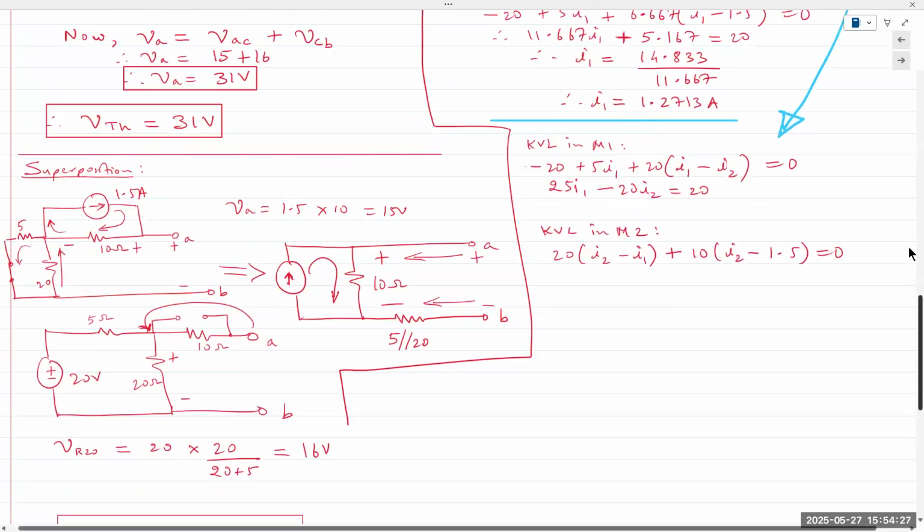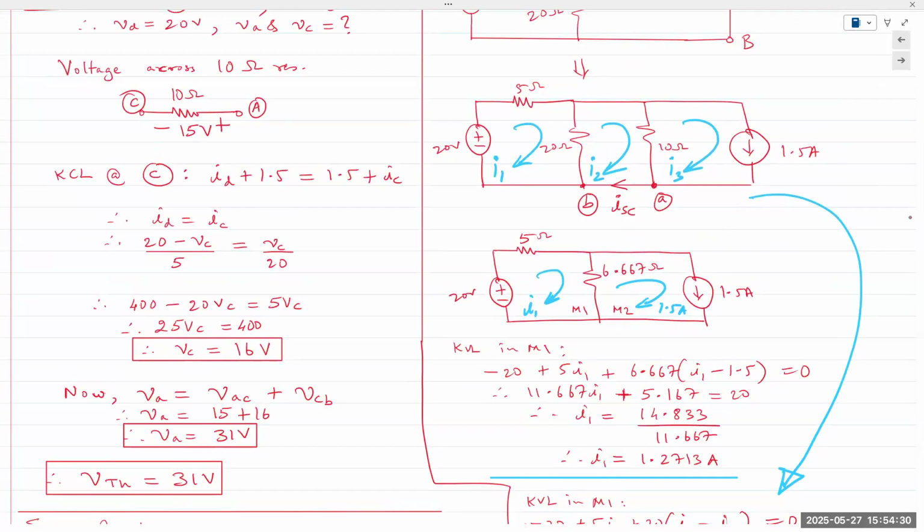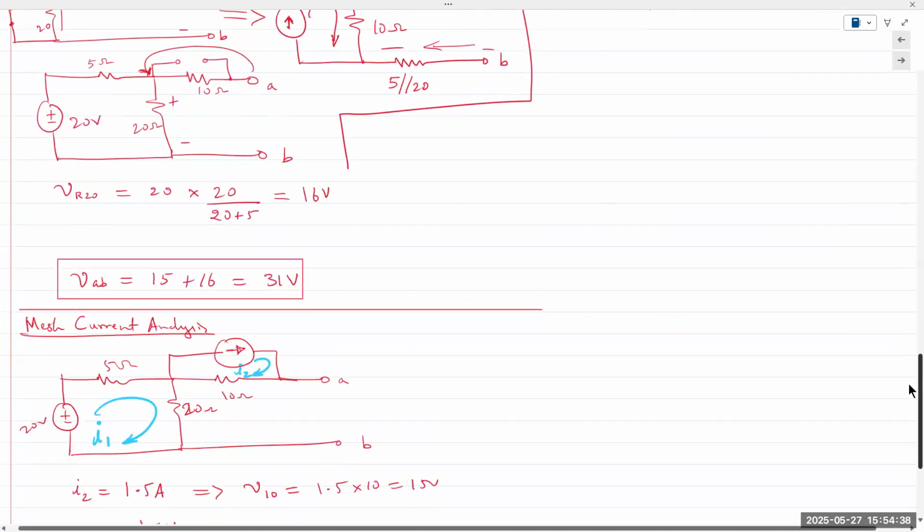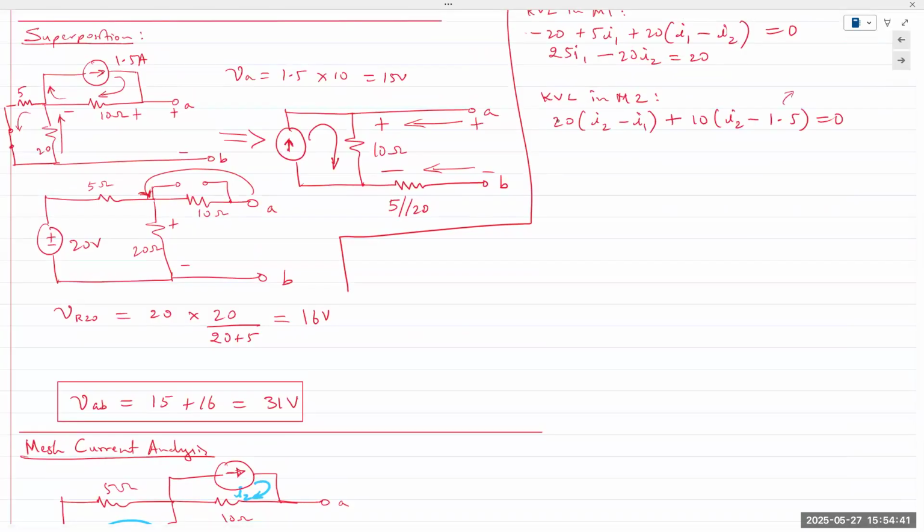Going this way, 20 times (I2 minus I1) plus 10 times (I2 minus I3), which is 1.5. This is I3. So therefore, I have minus 20 I1 plus 30 I2 is equal to plus 15. Equation 1, equation 2.